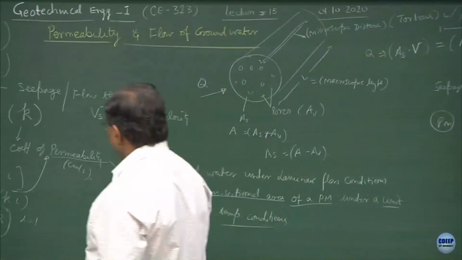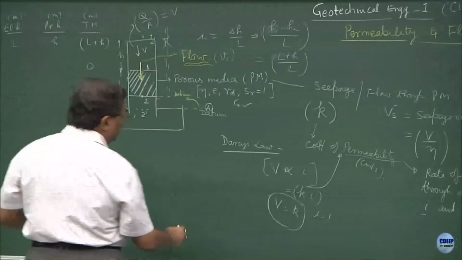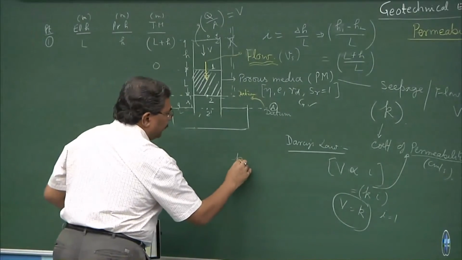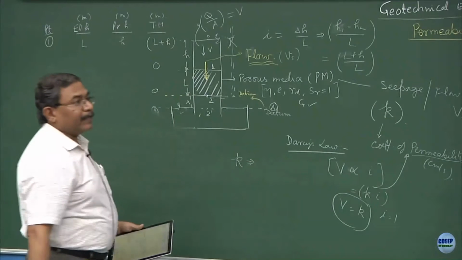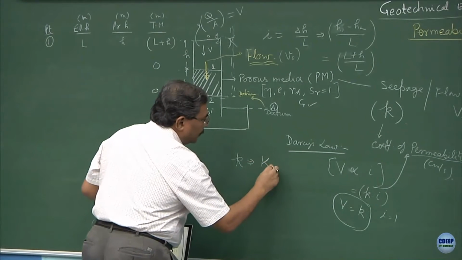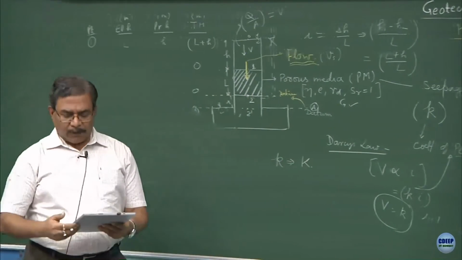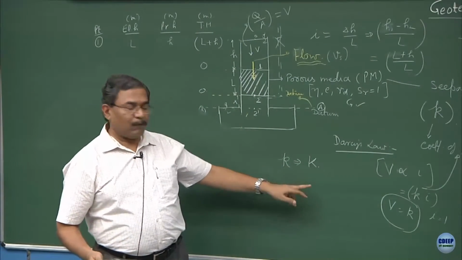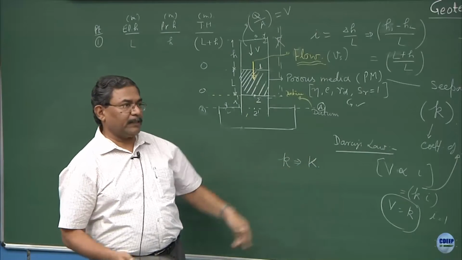Now, most of the time what is done is that there is a relationship between coefficient of hydraulic conductivity and, I think last time I told you to stick to small k because I wanted to preserve capital K for some other notation.